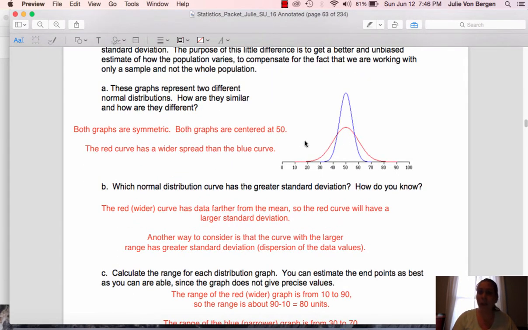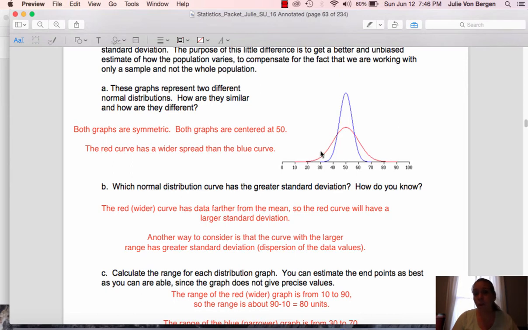So here again we have two graphs, and on my computer screen we see the graph with the higher peak is blue and the wider graph with the lower peak is red. So we want to think about how are these graphs similar and how are they different. Both graphs are symmetric, and they're both centered in the same place here at 50.